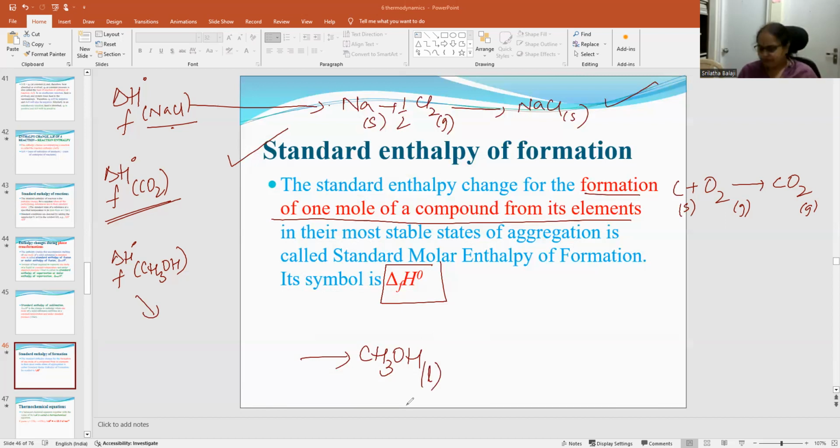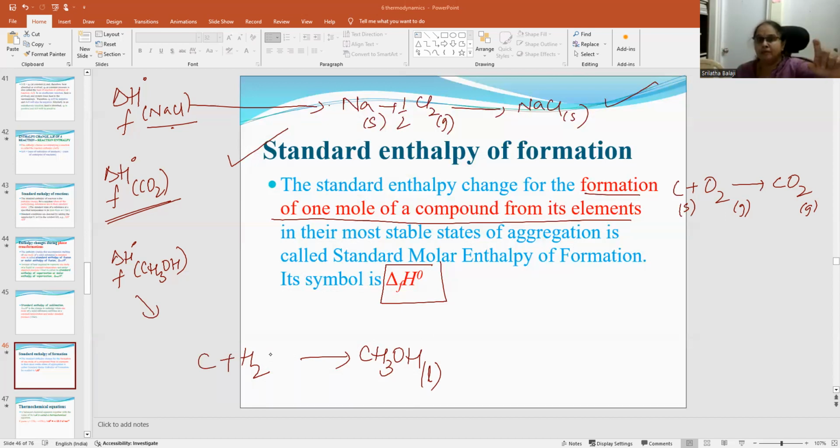So, what are the elements present in this? Carbon, hydrogen, oxygen. Exactly. Just come from the elements only. Don't go for alternate methods of preparation. There could be a number of ways CO2 can be prepared, Jerome, a number of ways methanol can be prepared, a number of ways even NaCl can be prepared. We are not bothered about every method.